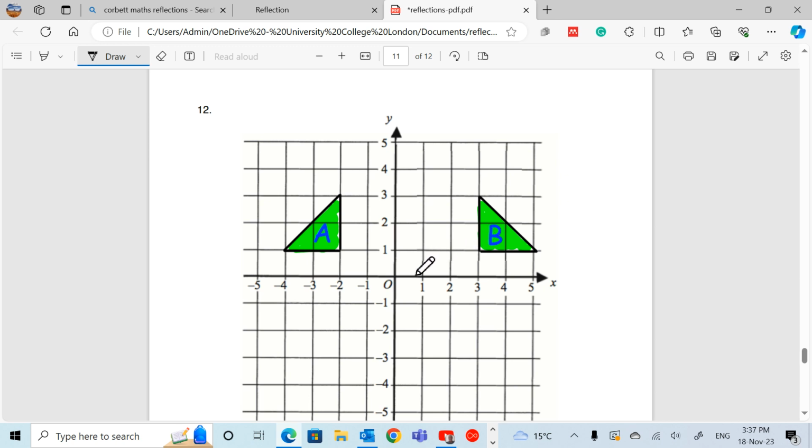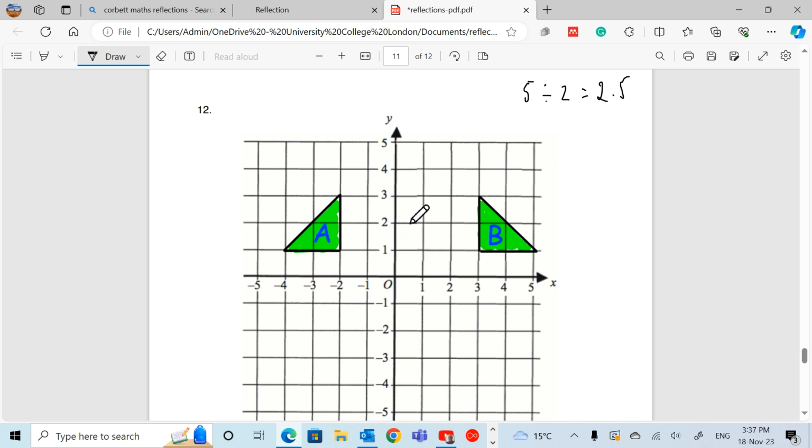There are 5 squares, which means the mirror line must go halfway between them. Well, 5 squares divided by 2 is equal to 2.5. That means I've got to count 2.5 squares and then put the mirror line.